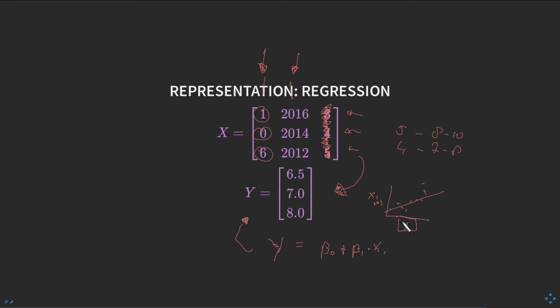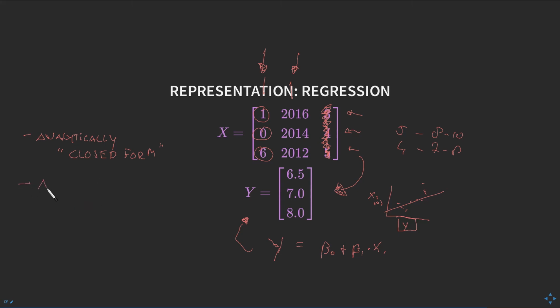Now the fitting of this line is done automatically. I'm not going to go into too much detail on this, but we can do it analytically, which is a closed form solution, which you don't have to know. The only thing you'd get from this is that you can just calculate the required fit. So it's one calculation.